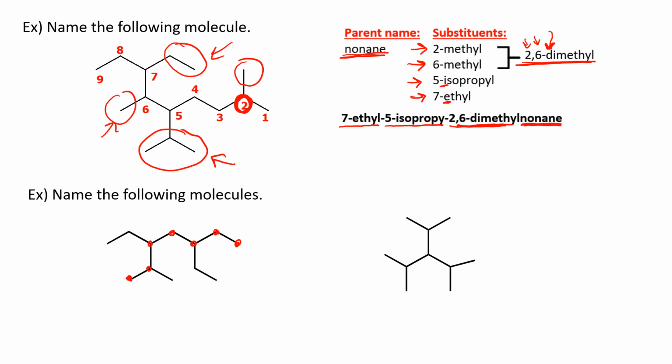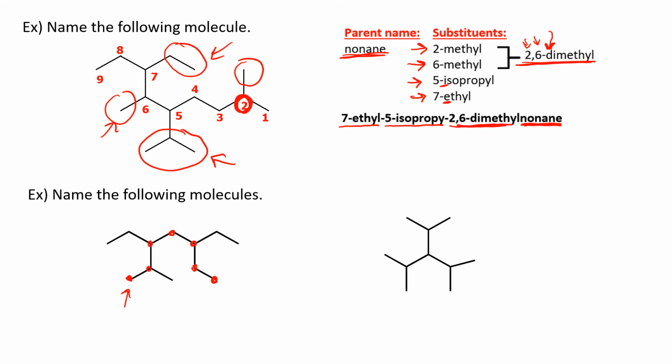So I start down here because it gives me the longest chain with the most substituents. Alternatively, you could have also chosen this parent chain, which is identical. Either way, it gives you an ethyl group.